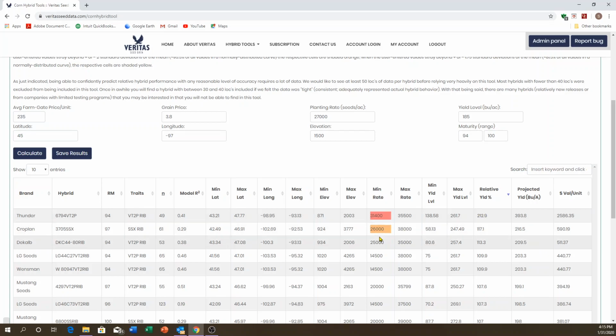If you notice the one below that, for the same characteristic, planting rate, you see an orange coloration. An orange coloration is an indication that we are not outside the lines, but we're right up against the line. Orange represents anything that's plus or minus 2 standard deviations from the mean.